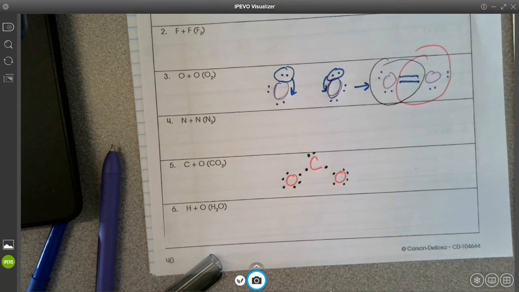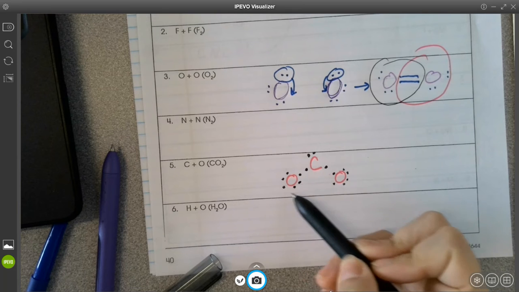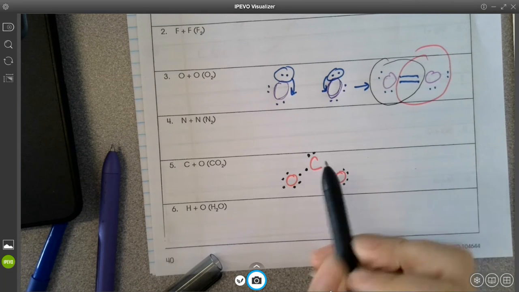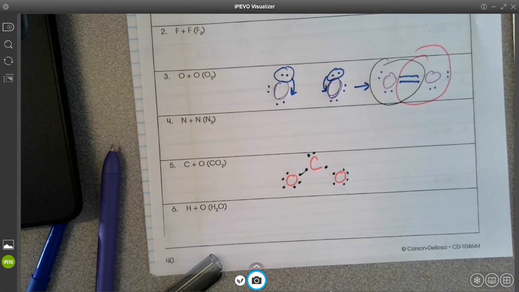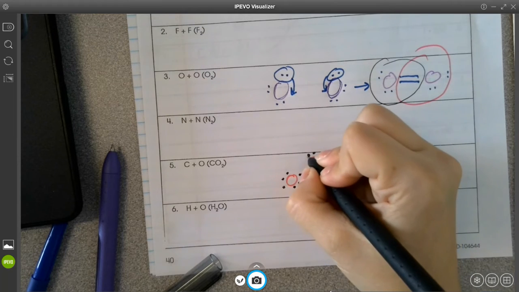Our goal is to get every atom with 8, because again, remember, 8 is that magic number. So 1, 2, 3, 4, 5, 6. I have 1 bond here, so that makes 7. So I need 1 more electron.